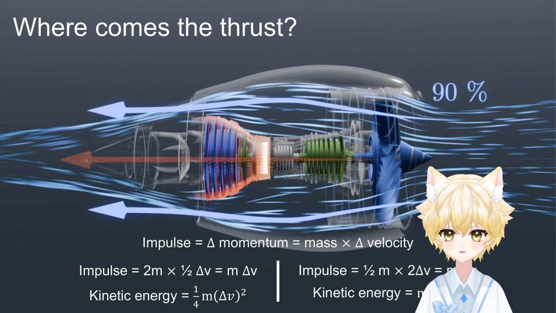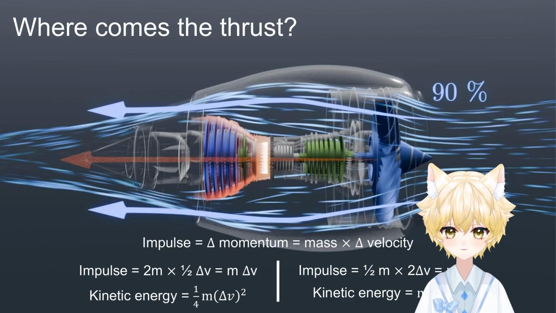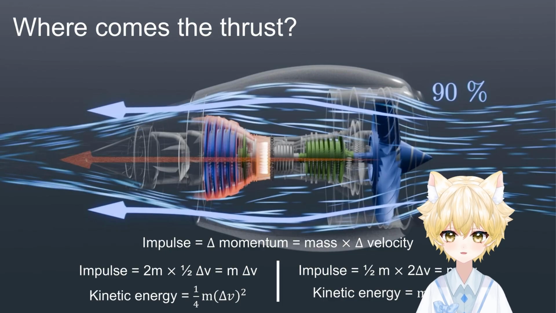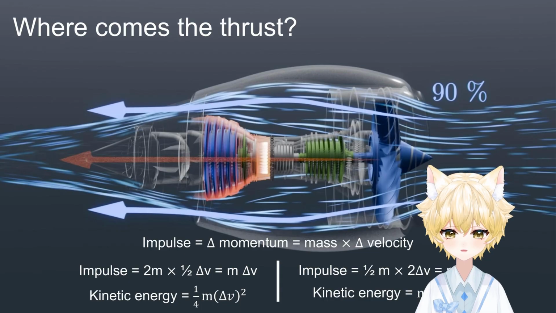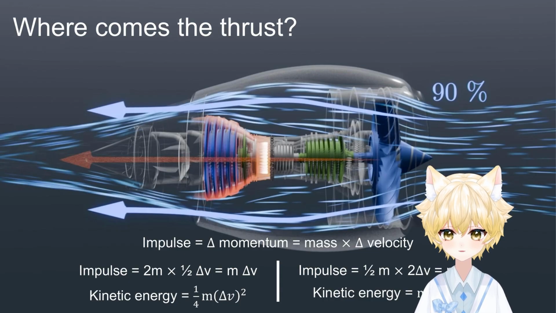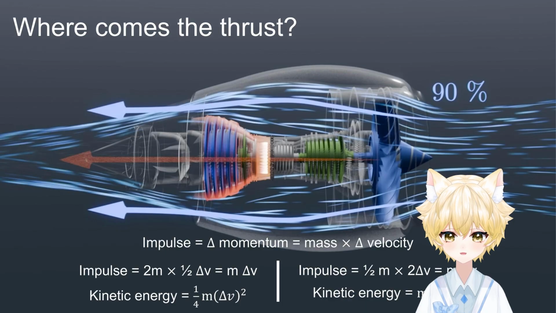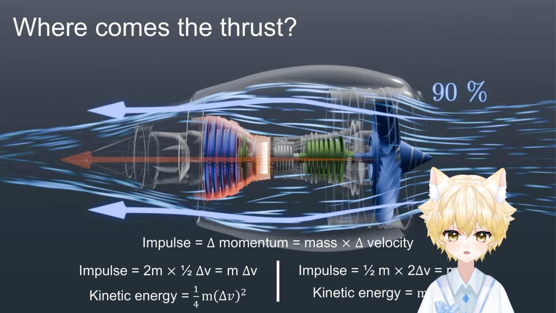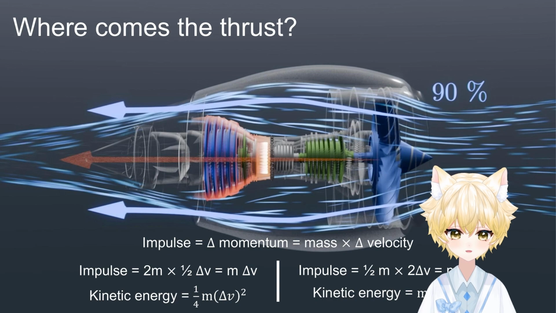So why not compress all the incoming air and put it all through the combustion chamber and turbines? The answer is energy efficiency. Remember that the impulse pushing the plane forward is equal to the change in the momentum of the air backwards. For example, you could push twice as much air back, half as fast, or you could push half as much air back, twice as fast.